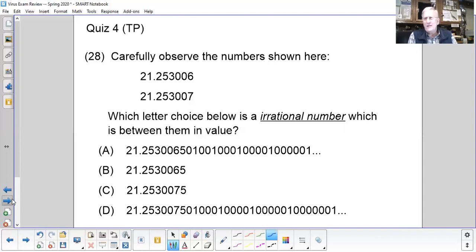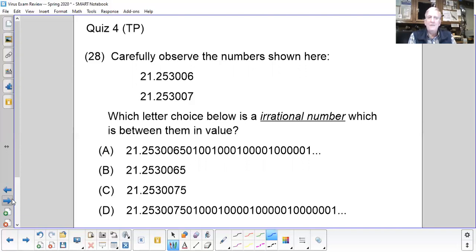So now I've got to make sure which one of the two choices, A and D, is between the two numbers. If you look at A, you can see you get 6.5. If you look at D, you have 7.5 partway out through the number. That's too large, right? It's not between them.